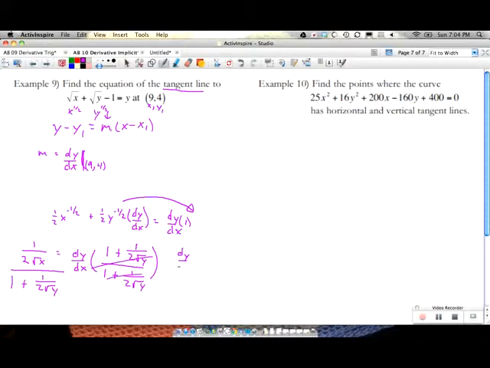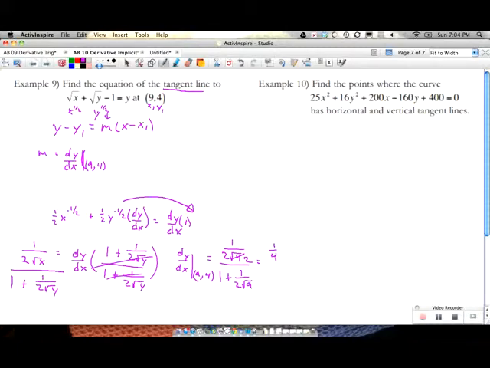So if I want to find dy/dx at 9, 4, that's going to be 1 over 2 times square root of 4, all over 1 plus 1 over 2 times square root of 9. Well, square root of 4 is 2, so that's 1 over 2 times 2, which is 1/4.